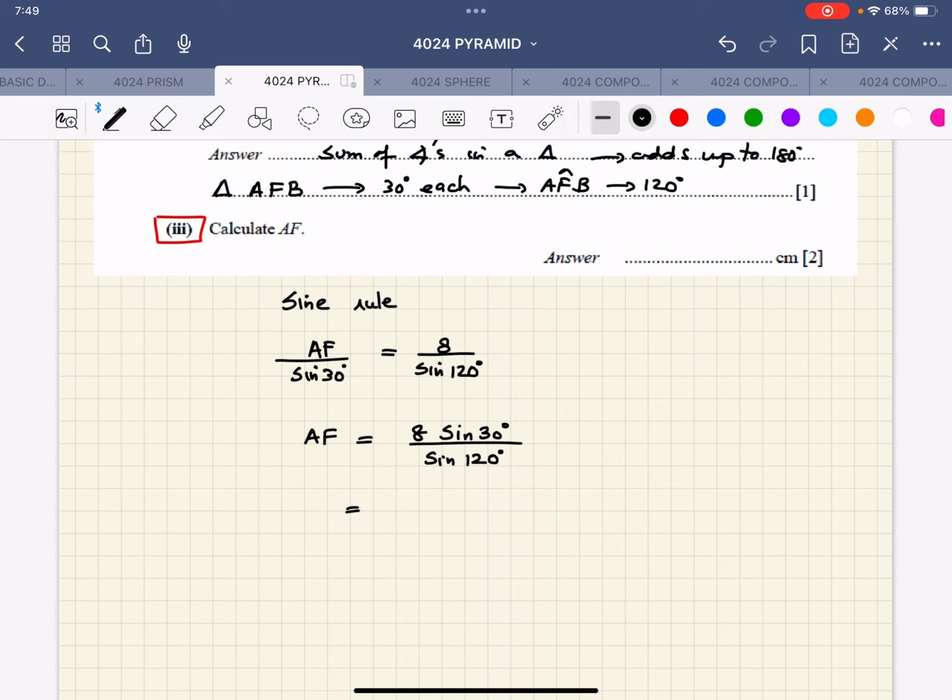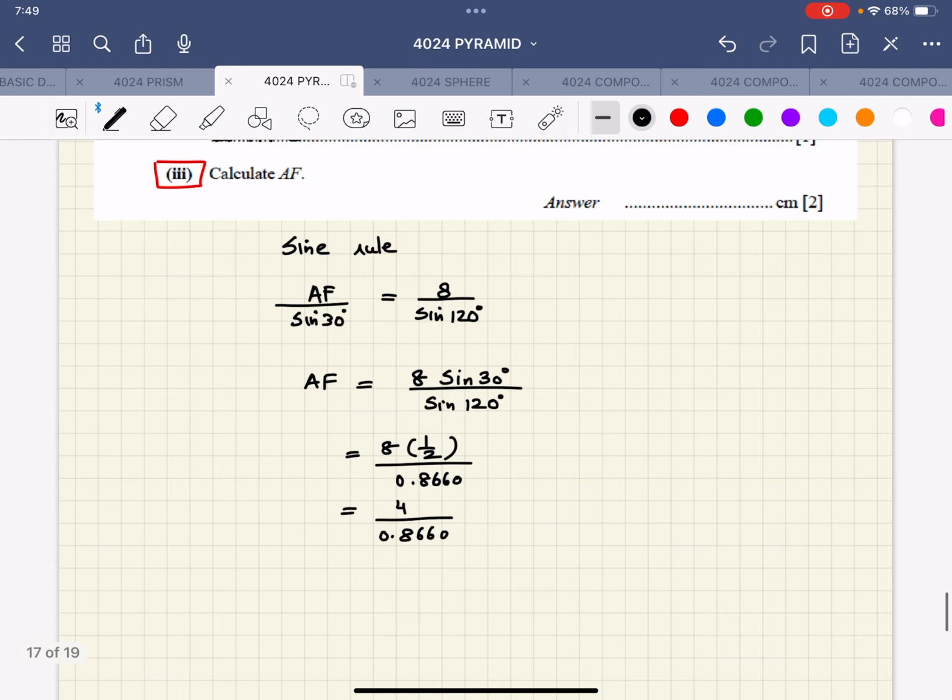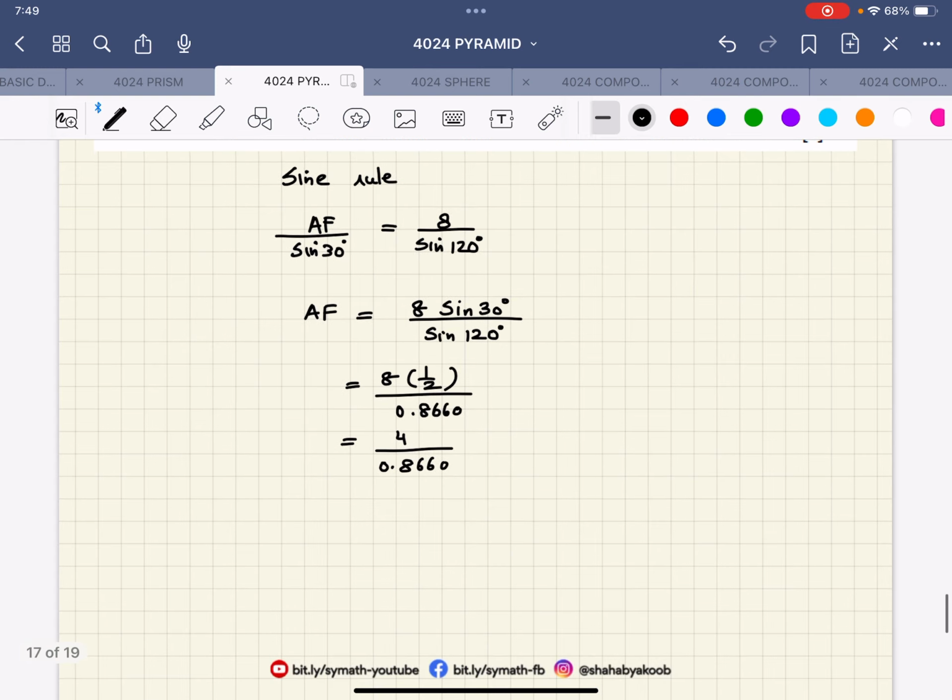So that is 8 into half divided by sine of 120, which is the same thing as sine of 60, 0.8660. That is 4 divided by 0.8660. This comes out to be 4.6189, which is 4.62, correct to 3 significant figures. Don't forget to write the units.